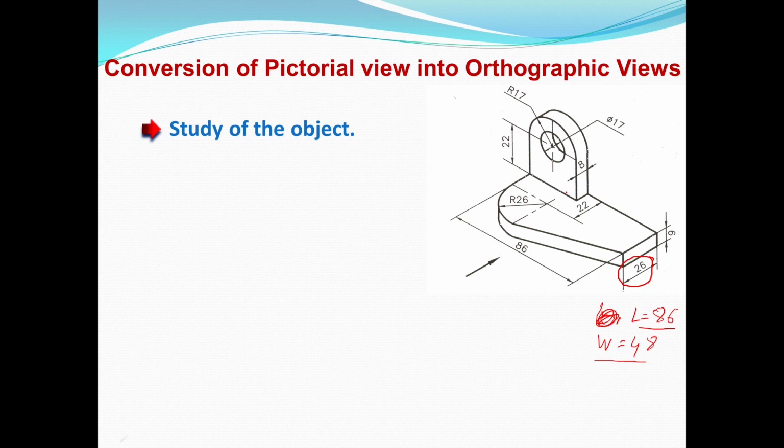So the maximum height from the center point to this bottom is 22 mm, and from this horizontal surface to the ground is 9 mm. So the total height is 22 plus 9, 31, plus 17.